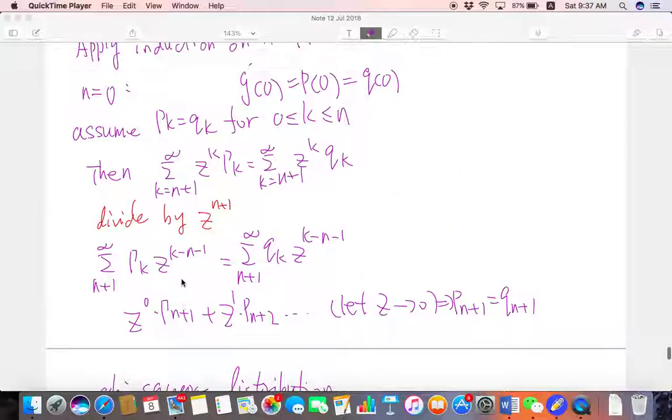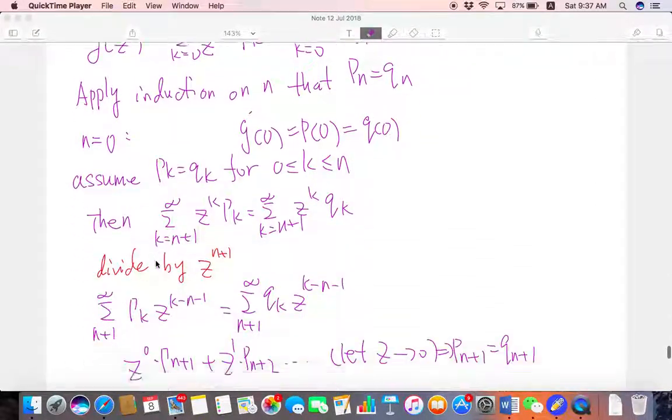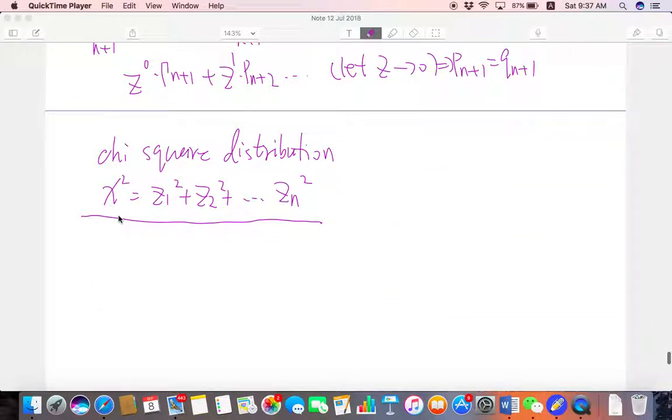Actually, we can just apply the theorem to compare the moment generating functions of these two, the left hand side and the right hand side of the equation, and then we can see that the moment generating functions of these two sides are identical to each other.